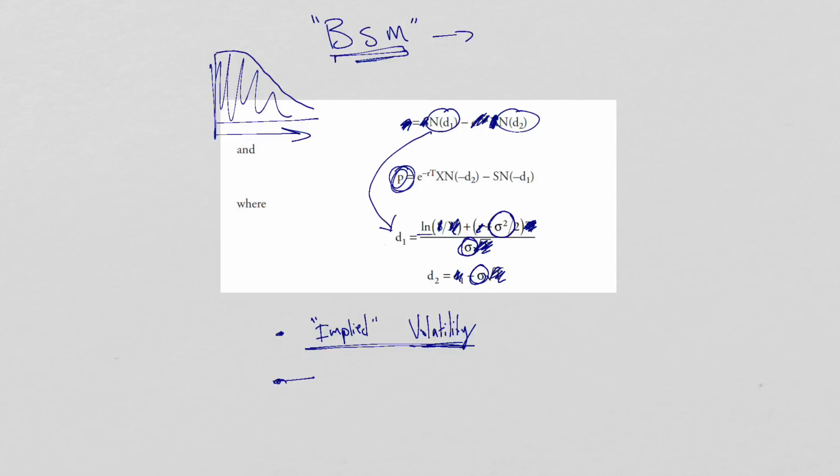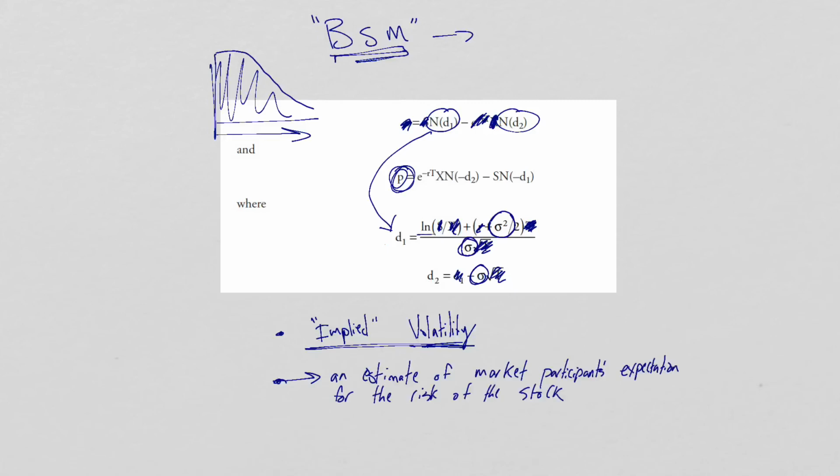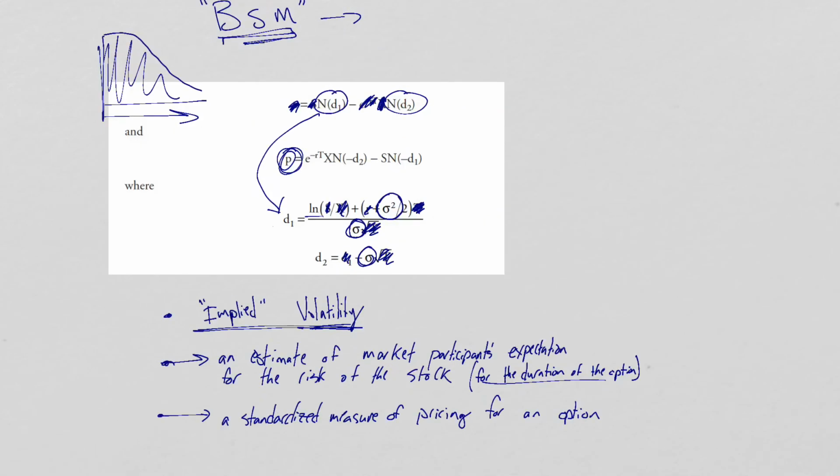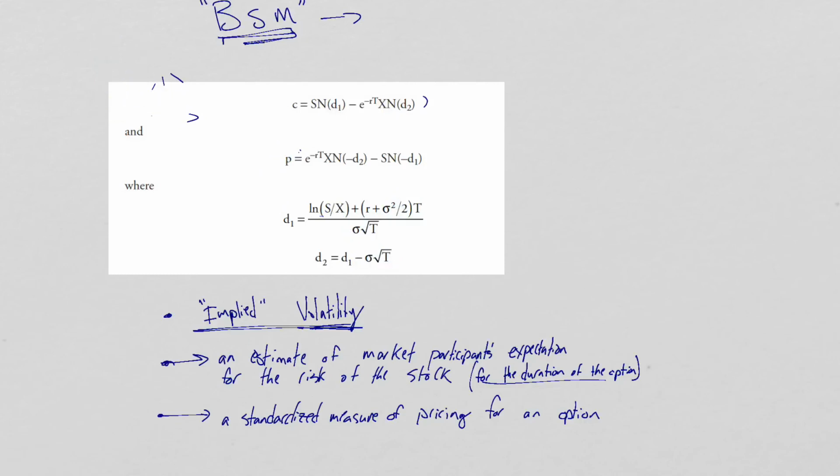And not only is this implied volatility an estimate of the market participant's expectation for the risk of the stock, at least for the duration and time to expiration for the option that you're looking at, it's also a standardized measure of pricing for the option. Because what you're doing is you're inserting underlying, strike, time to maturity, all these things you're controlling for when you plug them into the formula, and you're putting in the price of the call and the price of the put.